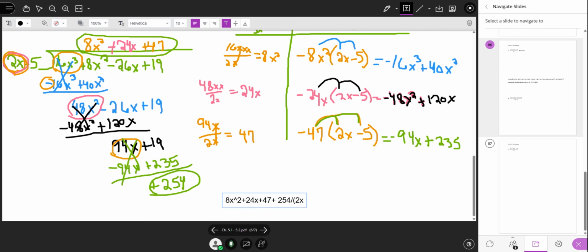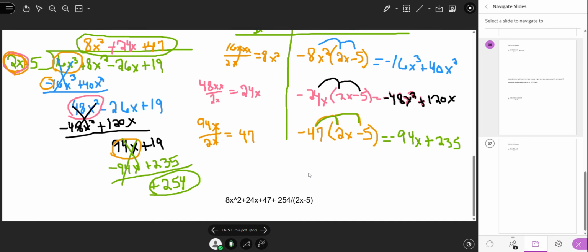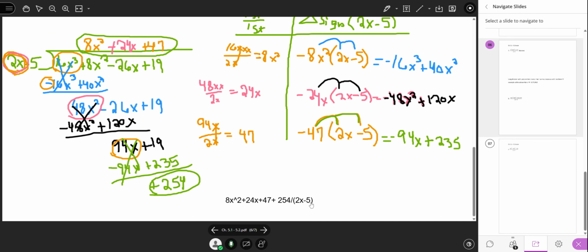Once you put your fraction bar, you don't have to. But because of typing it doesn't put the 2x minus 5 under the fraction bar. So I have to put it in parentheses to make sure it goes together.